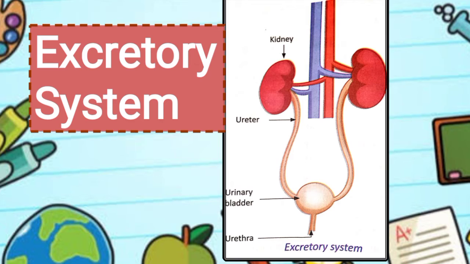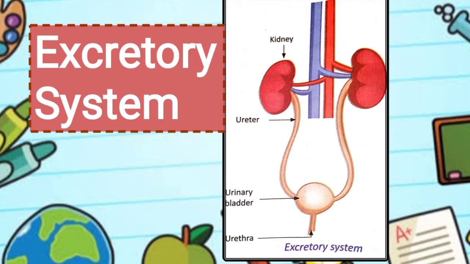There are a few main functions of this system: it eliminates waste products in the body such as urea and other waste products, and these waste products are excreted from the body through urine. The excretory system consists of a pair of kidneys, a urinary bladder, a pair of tubes called ureters, and the urethra.